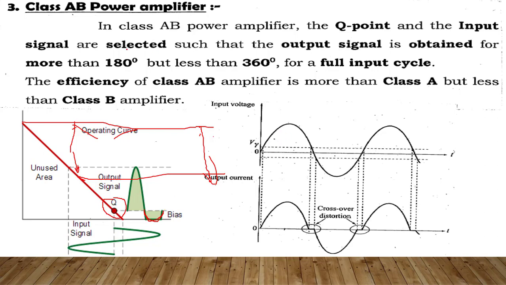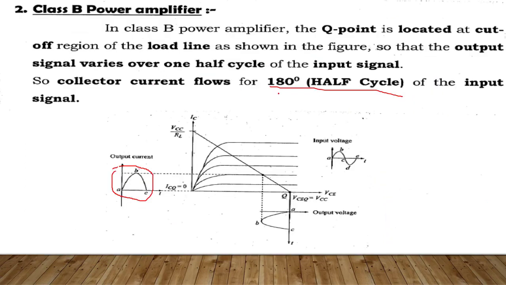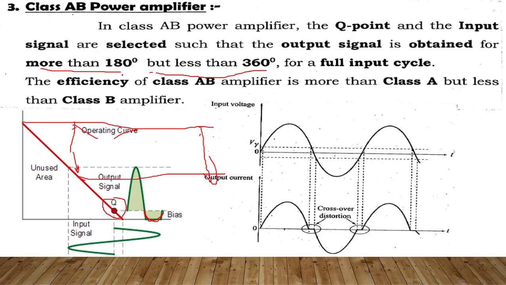But what we can call it is more than 180 degrees and less than 360 degrees. Why is it like that? See, in class A we are getting 360 degrees, and in class B we are getting 180. It is in between 180 and 360. So it is called more than 180 and less than 360. Okay. This is called a class AB power amplifier.